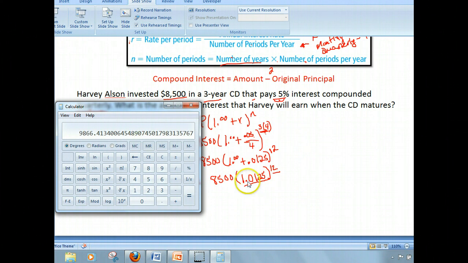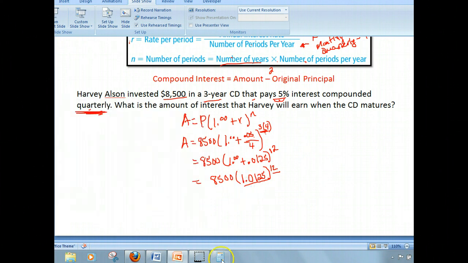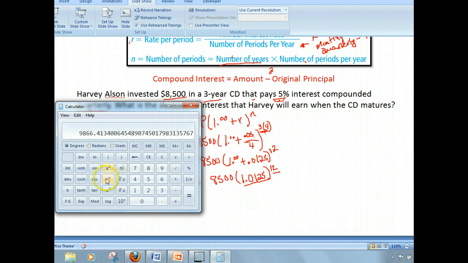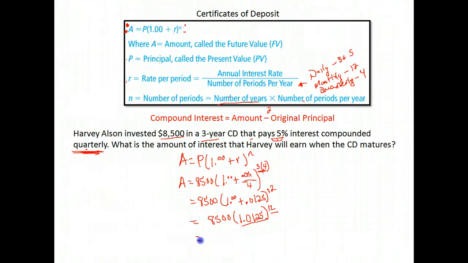Okay, so again, you do the number inside the parentheses, push this button, then put your power in, and then go times the number in front. Okay, so now I've found my amount to be $9,866.41. That's the amount at the end of the term.